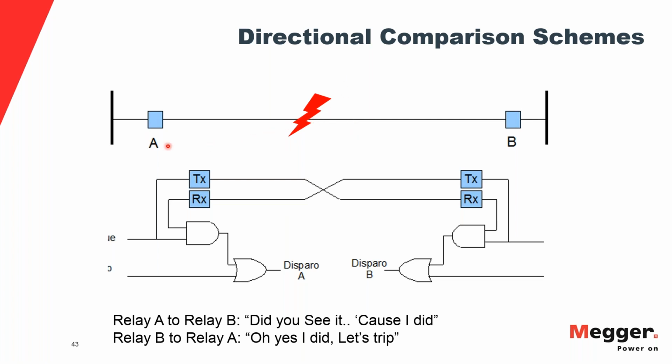But essentially what happens in schemes is that you have relays on both ends of the line, and they're both looking at the same line, and they're trying to make a decision by communicating to each other as to what did they see happening on the line.